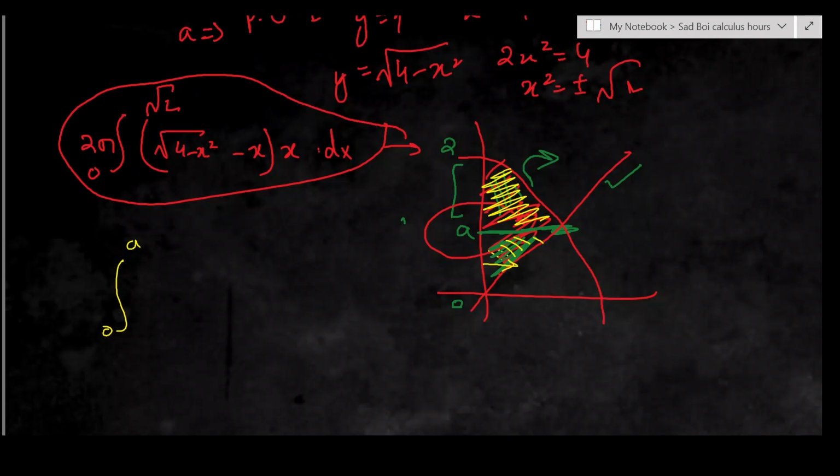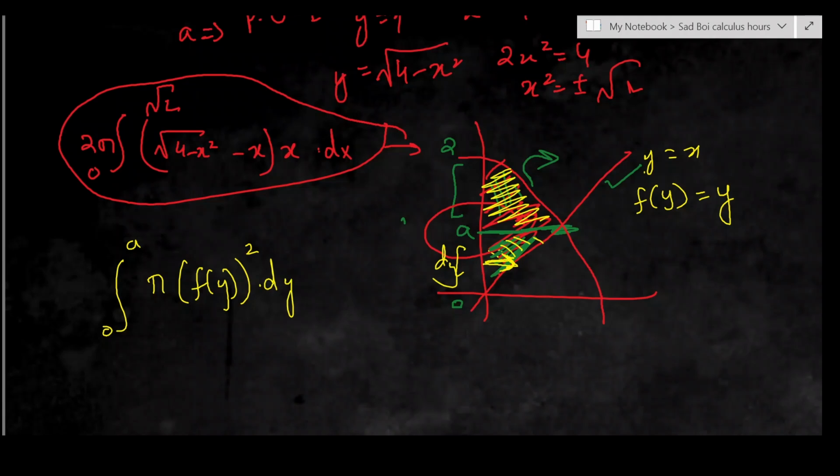So the first region is from 0 to A, where the radius is f of y, that is y equals x. So f of y is going to be y. So the radius is going to be this thing, and using the general method, we're going to use pi times f of y squared dy from 0 to A only.